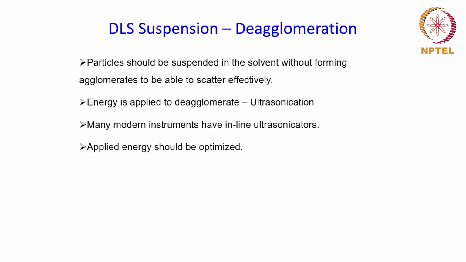So now we are done with three important things out of the four that we listed in the beginning. That is selection of an appropriate solvent, then wetting of the powder particles by the solvent, and then deagglomeration of the particles in the suspension. Now, even if you do this deagglomeration by ultrasonication, there are chances that the particles will agglomerate again because the van der Waals forces are always there to attract the particles to each other for them to form aggregates, right?